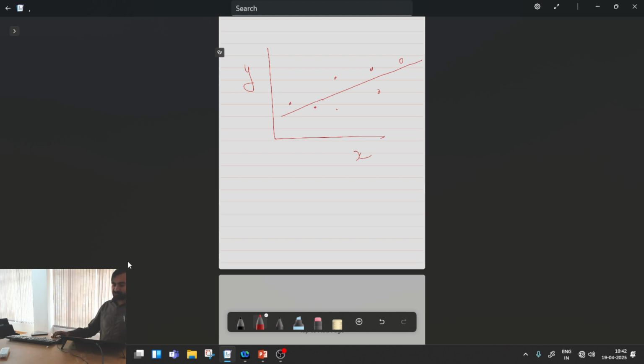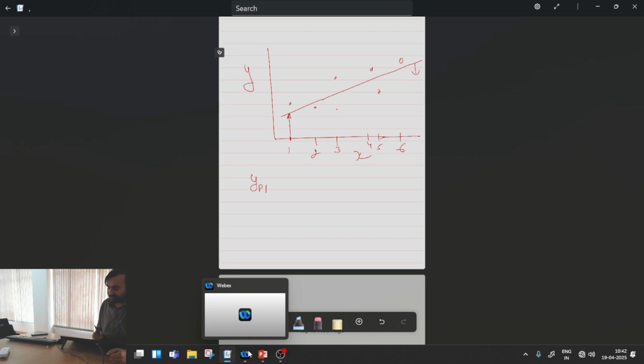Yes, so first, here you can see, if randomly I have taken some line, then for that random line, this is my point number 1, this is point 2, 3, 4, 5 and 6. This is yp1, the predicted value, minus the actual y1.